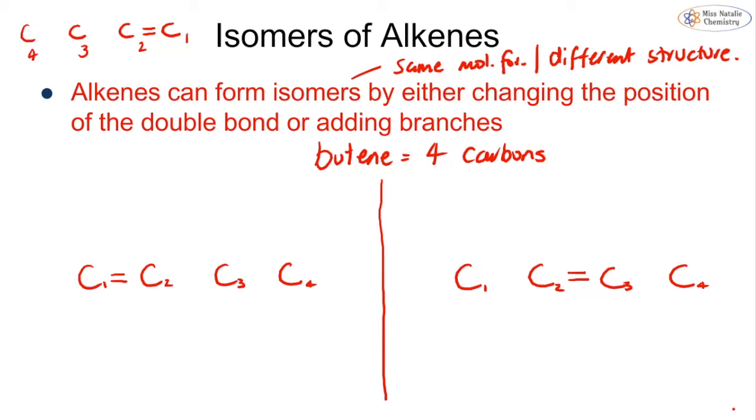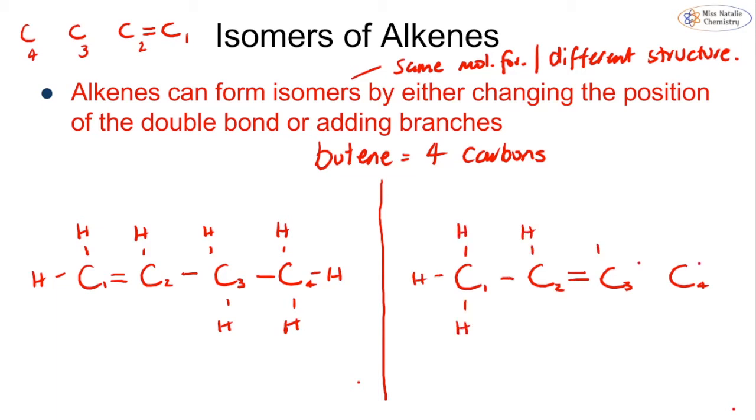They can only ever be between 1 and 2 or 2 and 3. So I'm going to fill in the rest of my structure, showing all my hydrogens and the rest of my single bonds. And do the same on the second one, making sure that you have no more than 4 bonds to each of the carbons.